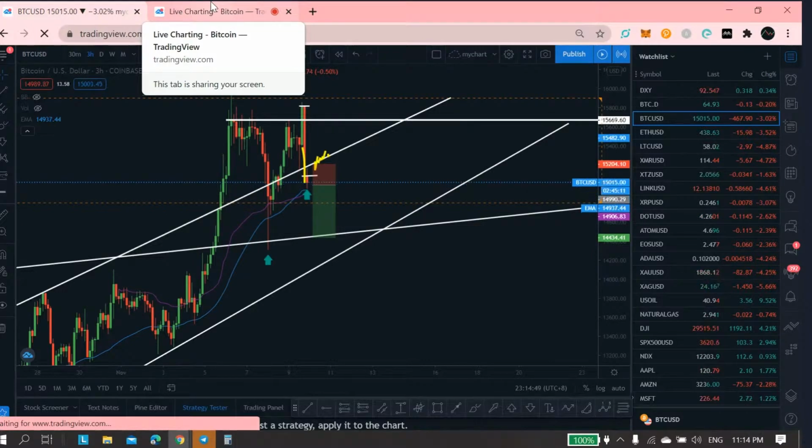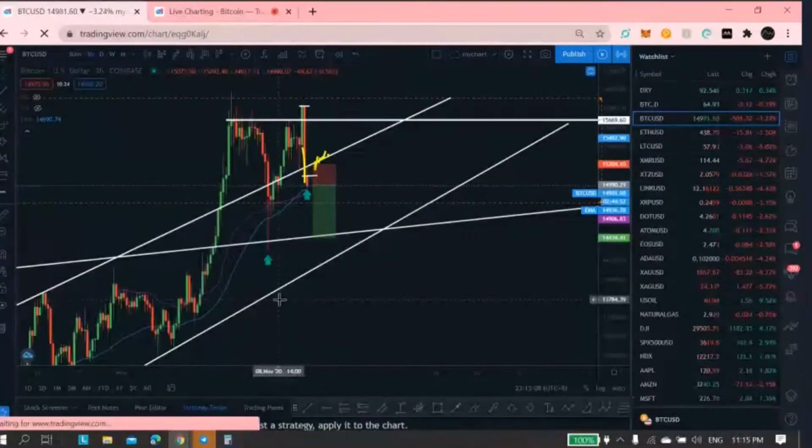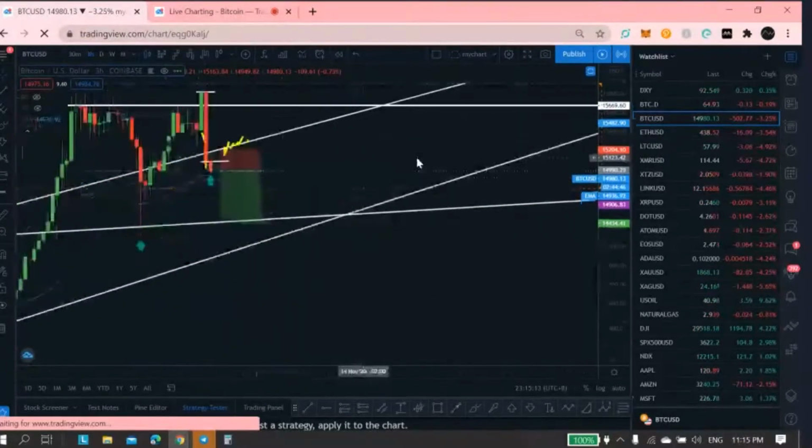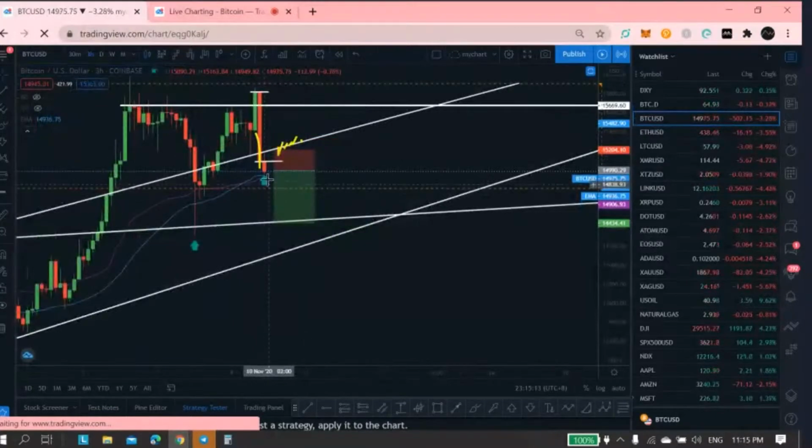Yeah, I think the bulls are still fighting. But yeah, I will just at least wait. It almost touched this EMA and VWAP. But let's see if that will hold or break this one.